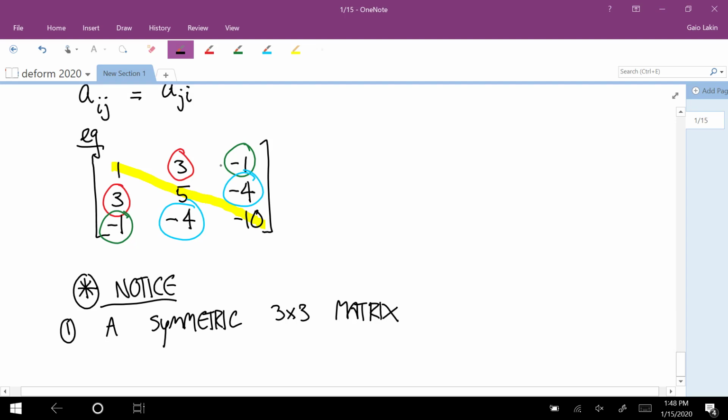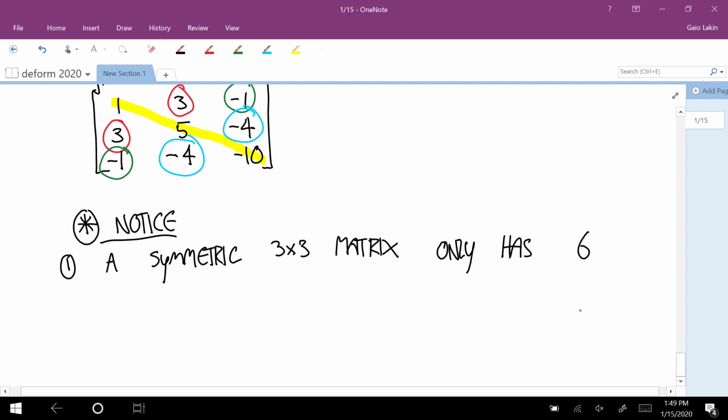Once you choose the values in the upper triangle, that fully determines the values in the lower triangle.